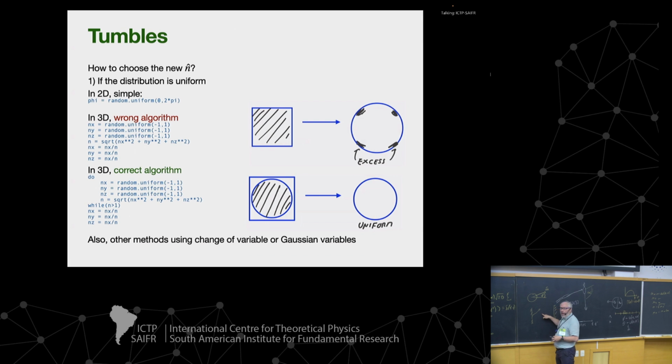They're going to take longer to get to the walls because most of the directors are pointing in these directions and not in this direction. So the process at the beginning is going to take longer because they don't move in the good direction. So you get wrong results in many cases.